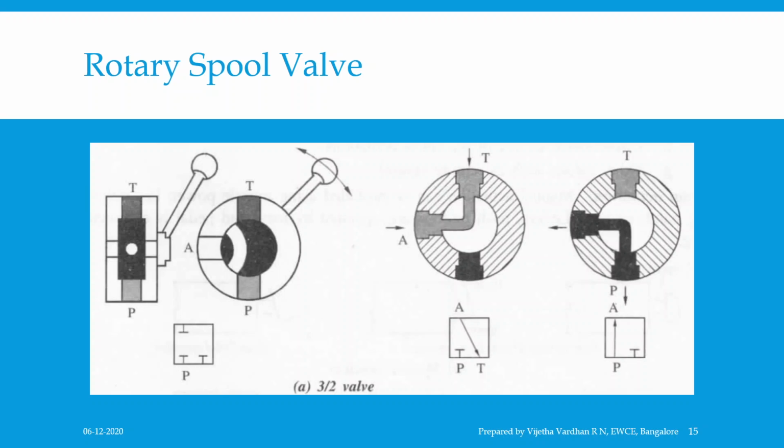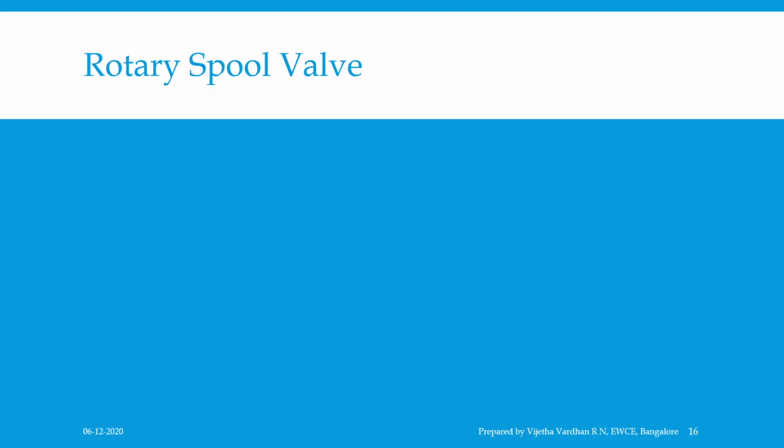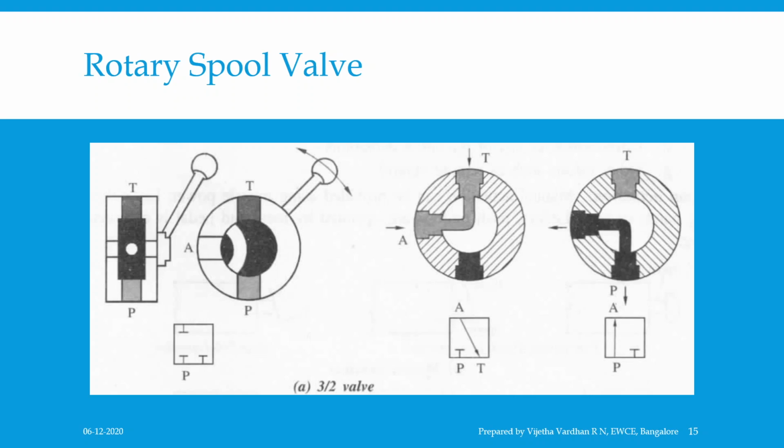The hydraulic fluid is directed through the longitudinal grooves or passages provided on the rotating spool. These passages connect or block the ports in the valve body, and if necessary, a center position can also be incorporated. As the spool needs rotational movement for its operation to change over, this type is used predominantly in manual or mechanically operated valves.